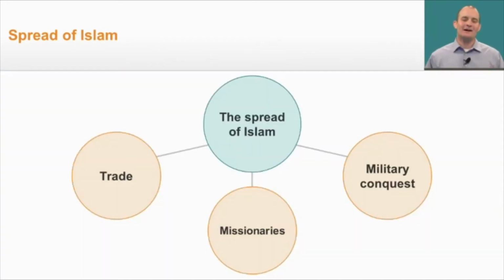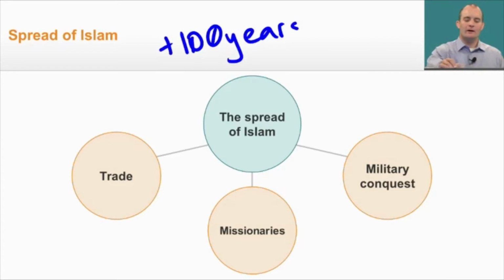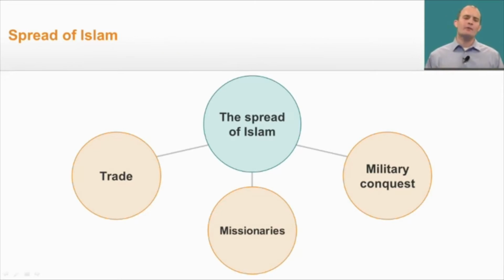We just saw how within a period of just over 100 years, Islam spread all around North Africa, into Asia, and even in Europe. Well, it was able to spread so quickly for a number of reasons. One was trade, where traders moving from perhaps Mecca into North Africa, they would talk to people they would come across about their new beliefs, and they would make converts.